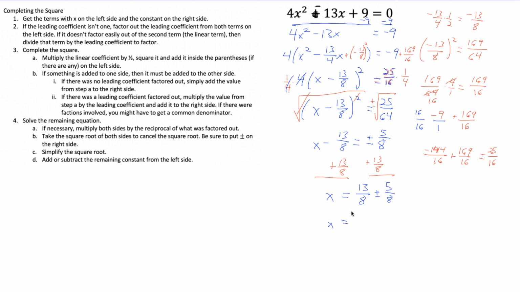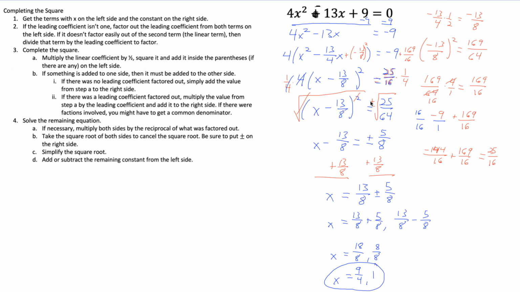We have 13/8 plus 5/8, and then we have another answer of 13/8 minus 5/8. 13 plus 5 is 18/8. 13 minus 5 is 8/8. And so reducing by 2, you get 9/4. And 8/8 is 1. So in this case, we have two rational solutions, 9/4 and 1.